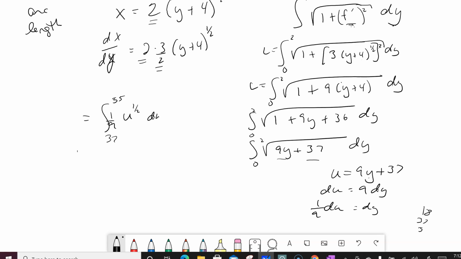Then I take the antiderivative, 2/3 u to the 3/2, from 37 to 55, so 2 over 27 times (55 to the 3/2 minus 37 to the 3/2). Beautiful answer right there. Let me double check that's what I got. And it is. Okay, good.